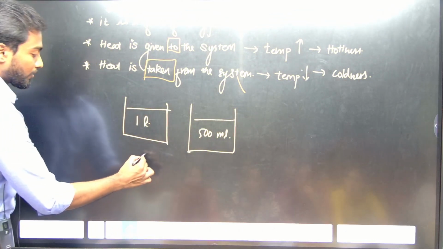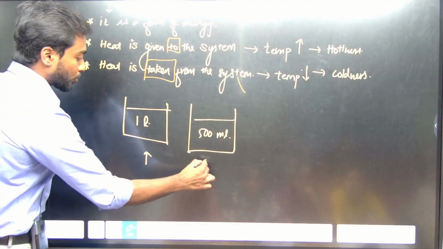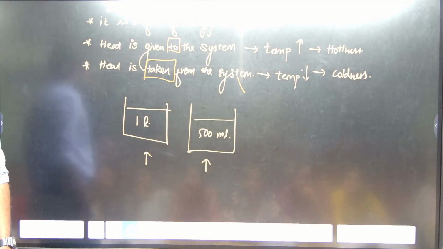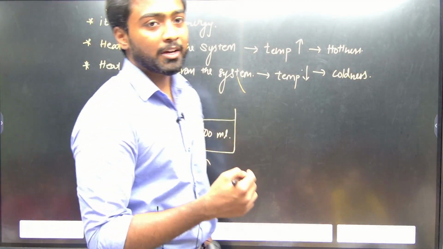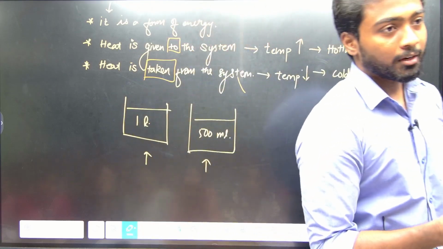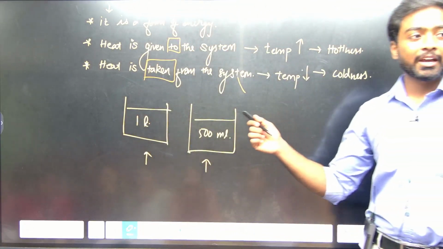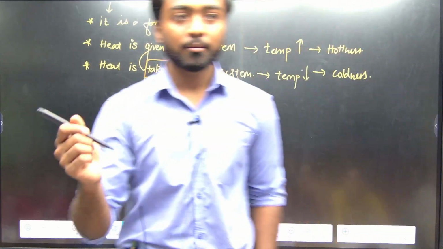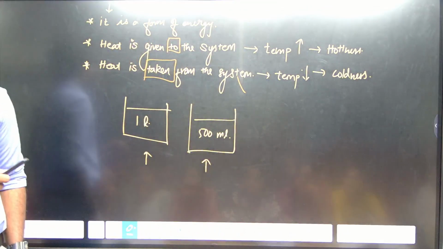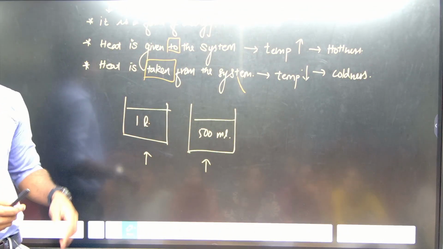If I give the same amount of heat to the objects, which one will raise its temperature first? The 500. So can I say heat is directly proportional to the mass of the object? If mass is more, heat also will be increased more.